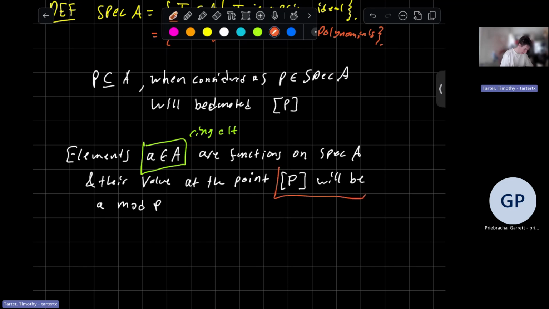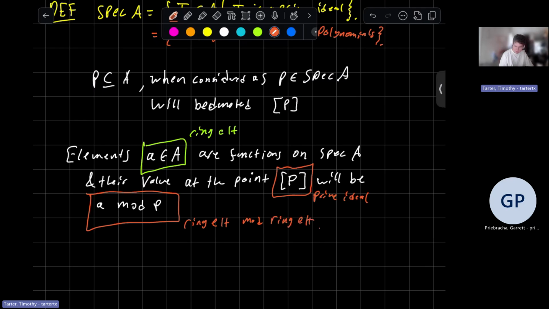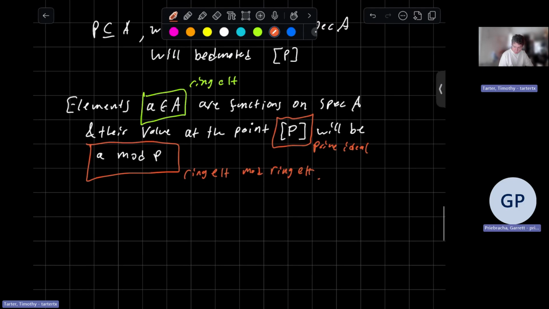This is a prime ideal. This is a ring element mod ring element. Awesome.